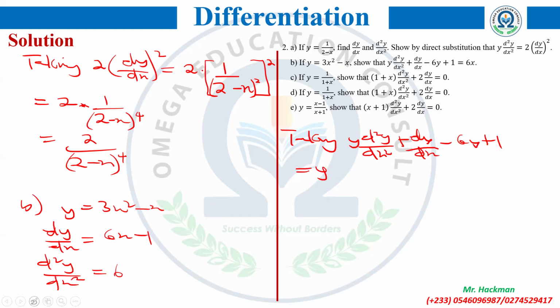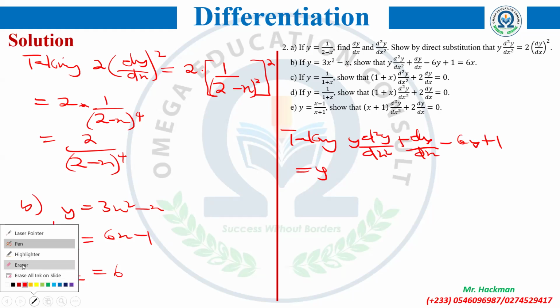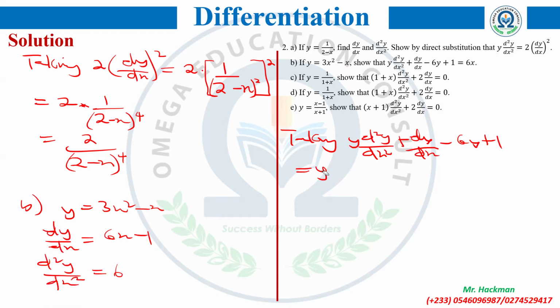So let me substitute everything that I know there. y is 3x² - x in brackets, times d²y/dx², that is 6. Then plus dy/dx, which gives us 6x - 1, then minus 6y, then plus 1.